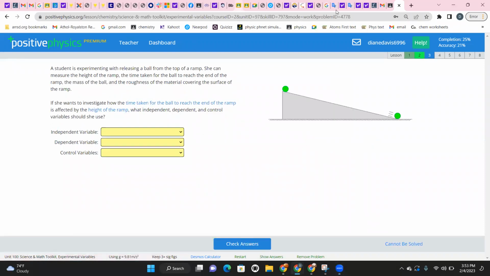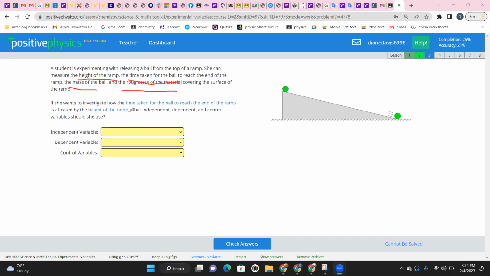All right, a student is experimenting with releasing a ball from the top of a ramp. She can measure the height of the ramp, the time taken for the ball to reach the end, the mass of the ball, and the roughness of the material. So what exactly is she wanting to change and see how that affects something else?